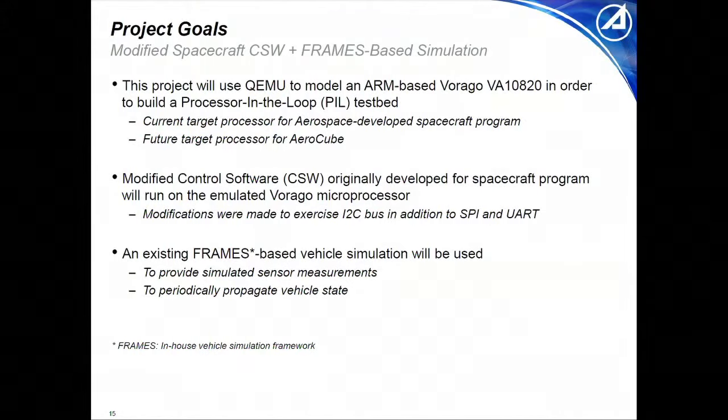So we took modified control software originally developed for that spacecraft program, and we wanted to run that on the emulated processor. So we had to think about what do we have to fill out in the emulation so that the software runs unmodified and it thinks it's actually operating on an actual Vorago. There was one small modification.